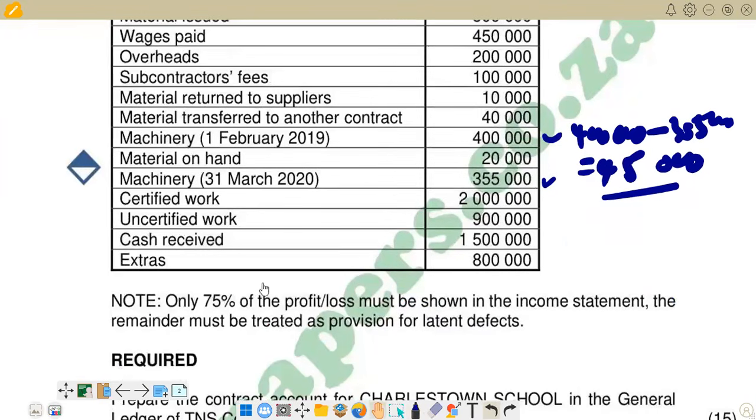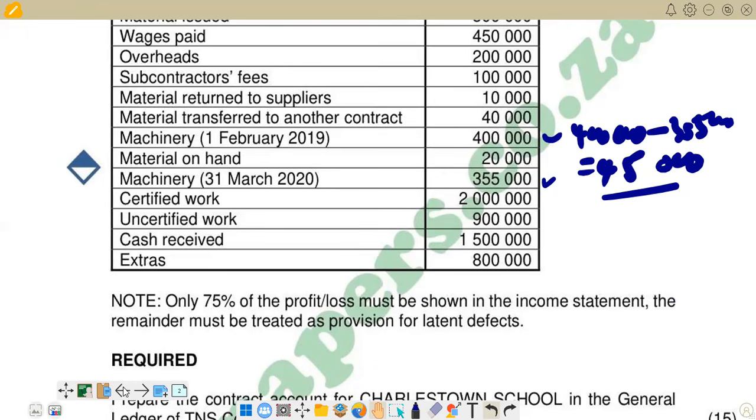We are told that only 75% of the profit or loss must be shown in the income statement. The remainder must be treated as provision for latent defects. So it means the balance that we are going to get, we calculate 75% of that balance and transfer it to the profit and loss, and then the remainder of that balance we are going to treat as a provision for latent defects.